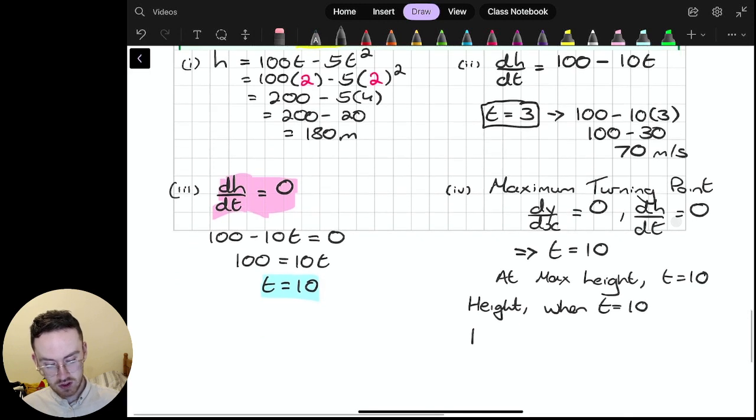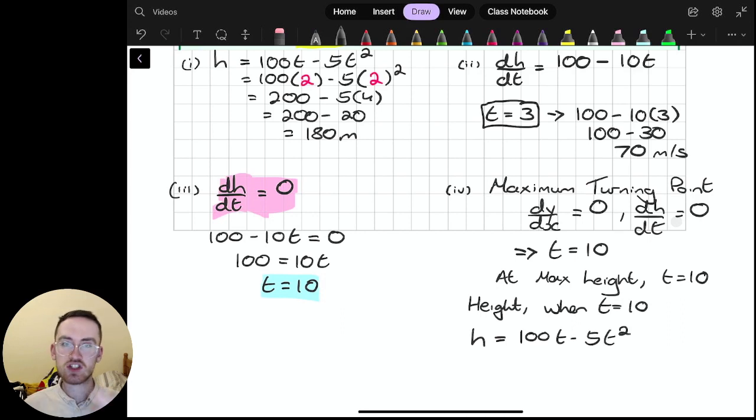And to do that, we're going to use our h formula that we had at the very start, remembering again what we had in that little cheat sheet, if you like, where we said if we're asked for height or distance, we're subbing back into the original formula. We are asked here for maximum height, but we're looking for height, so we're subbing back into the original formula. We're subbing in this value for t. t is equal to 10.